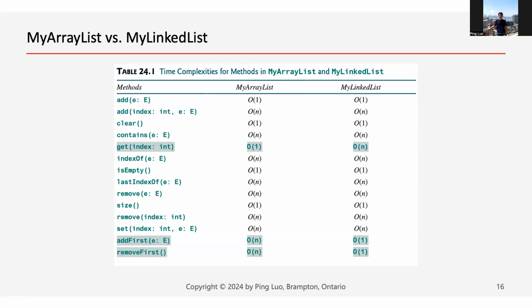Also, for the linked list, add first and remove first are very simple. But for the array list, to add first you have to move everything backwards and then add that element. So it is more difficult using an array list to do this kind of operation.